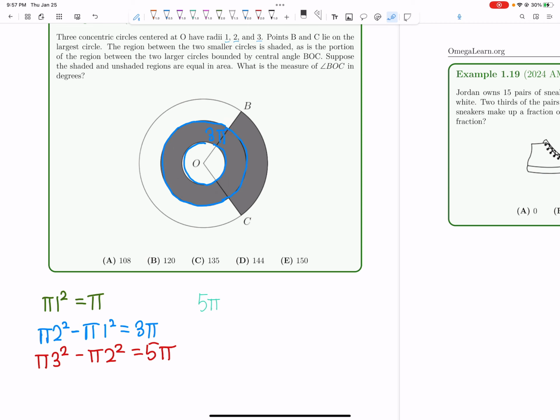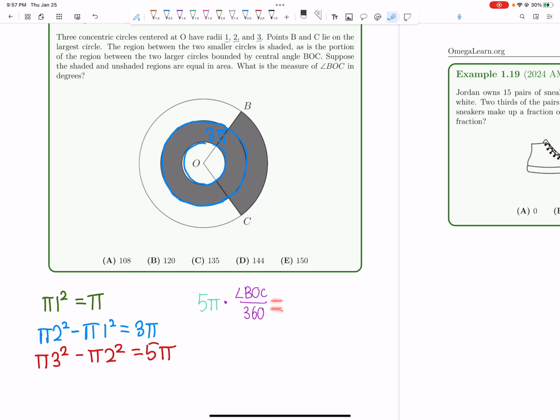Well, we just multiply by whatever this angle is over 360. So we multiply 5 pi times angle BOC all over 360. We're asked to solve for BOC. So if we can somehow figure out what this area is supposed to be, then we can solve for BOC.